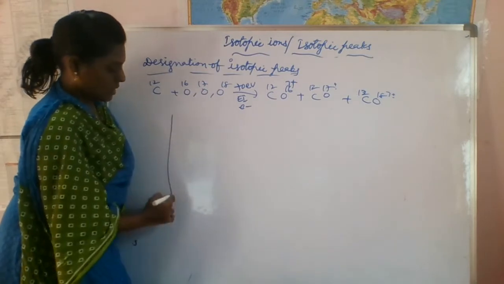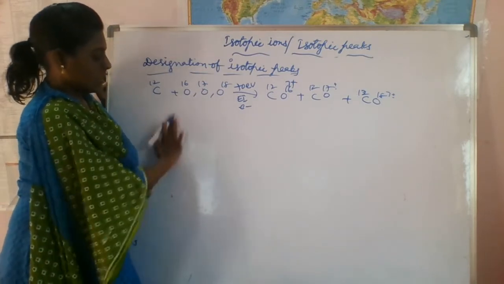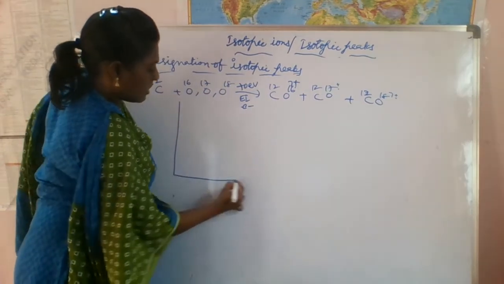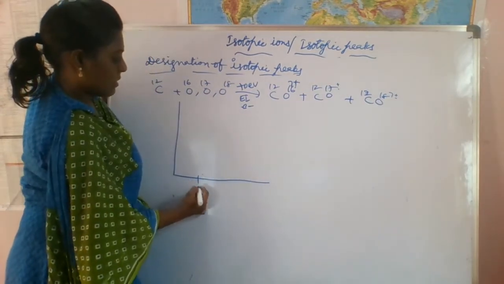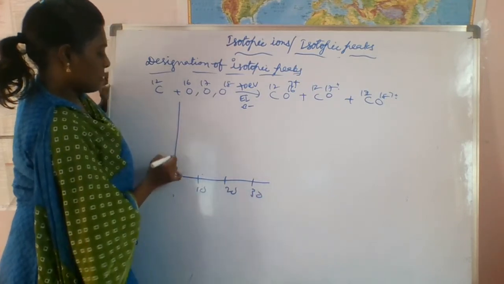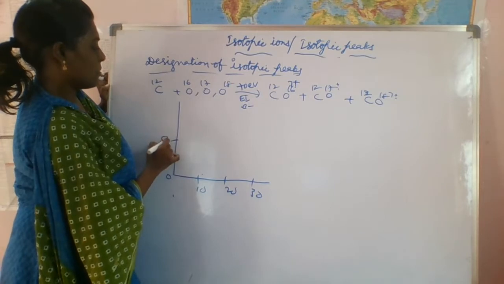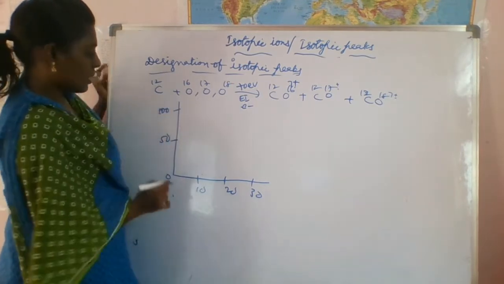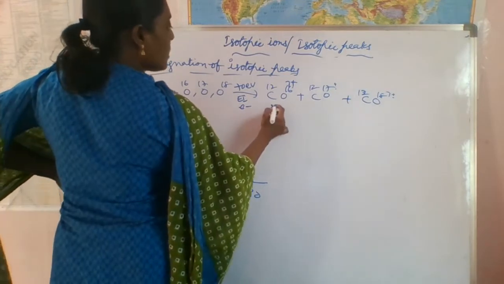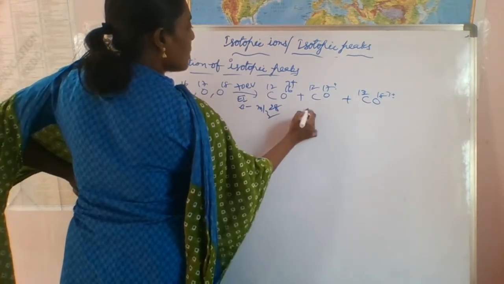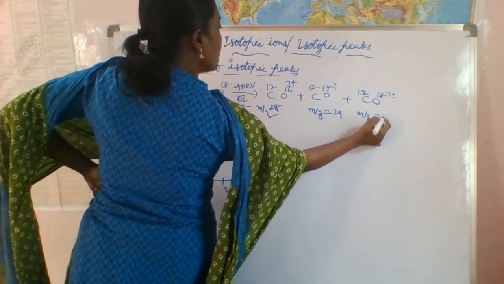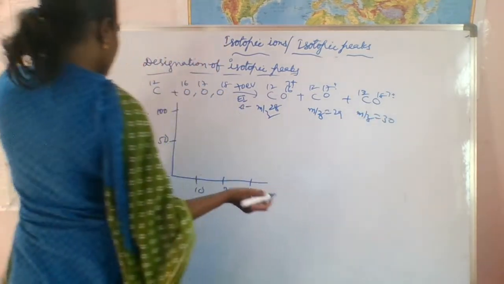So the M plus peak is m/z 28, here m/z 29, here m/z 30.